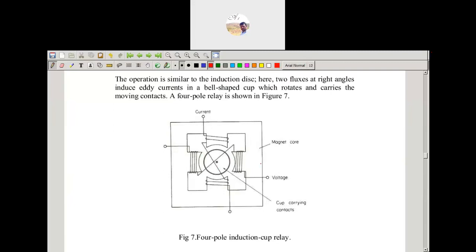In this type, if the input signal from the CT varies, that will be sensed by these variations in the rotations. The induced flux of the electromagnet is varied, which causes the eddy currents in the disc, this bell shape. That causes the rotation variation that trips this circuit.